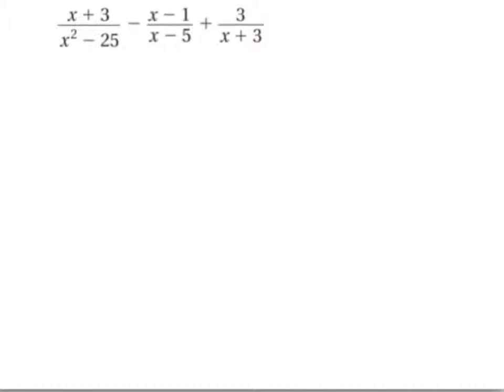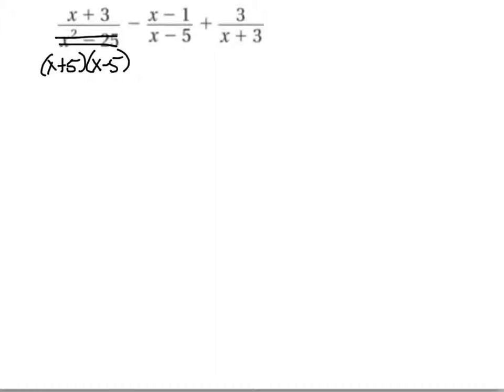So first thing we do, just like with all of these, is we try to factor our denominators. Nothing we can do here, nothing we can do here, but this one is a difference of perfect squares. So it's going to factor into x plus 5 times x minus 5. Okay, and again, because 5 times 5 is 25. So that goes away. Now, our denominator has to have every factor represented.